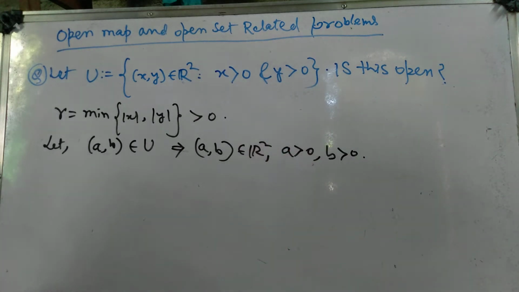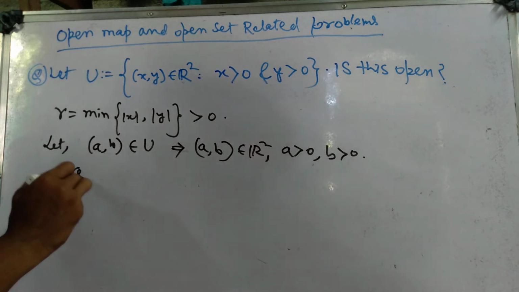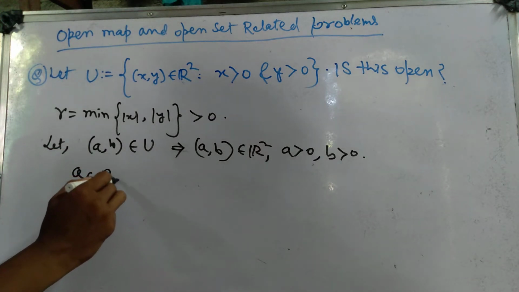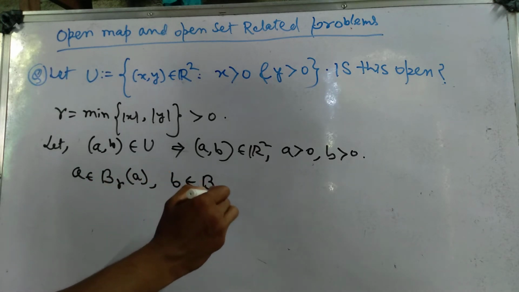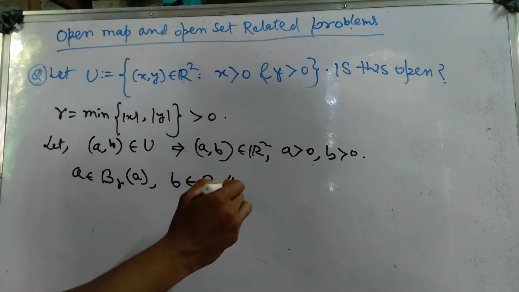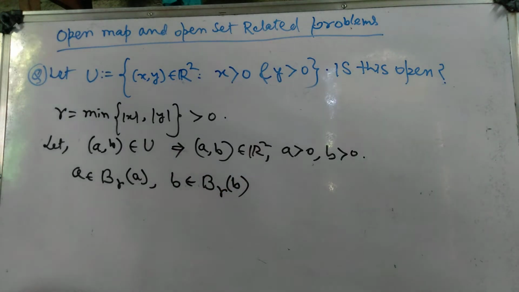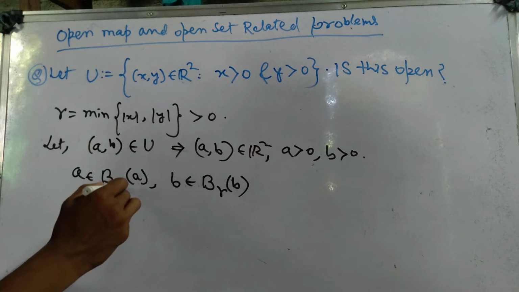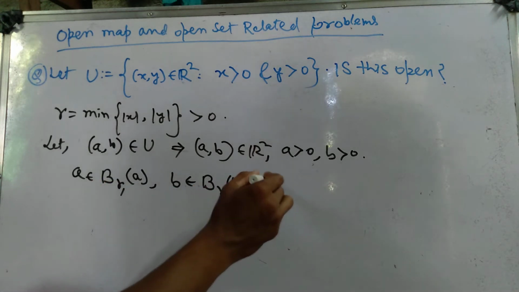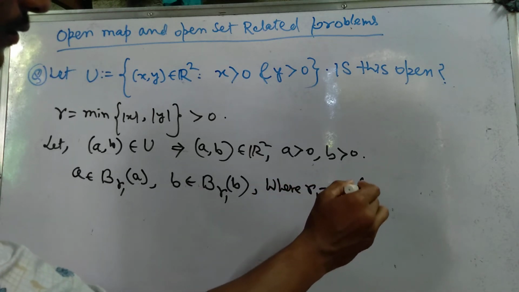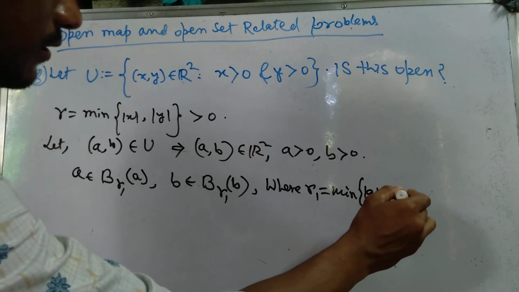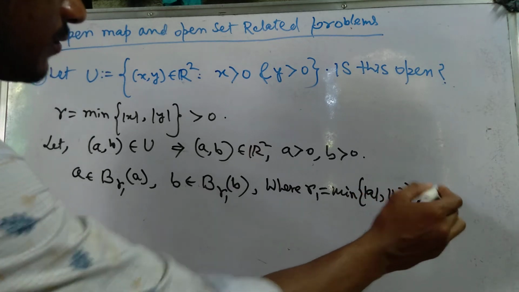Now I set a belongs to V_r(a) and b belongs to V_r(b), where r1 equal to the minimum of mod a and mod b, greater than 0.